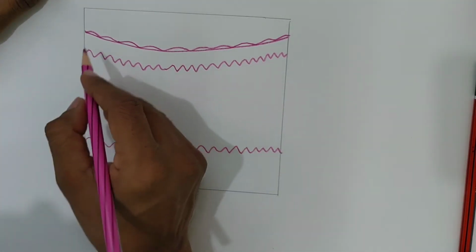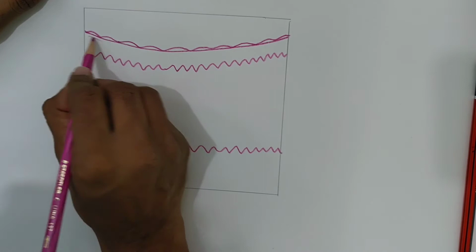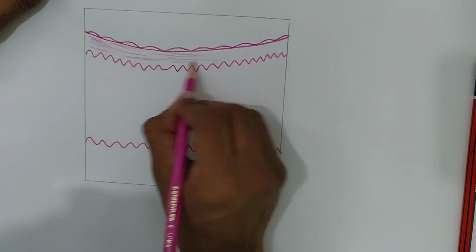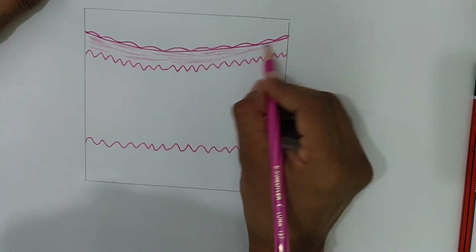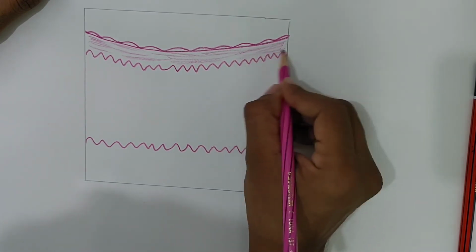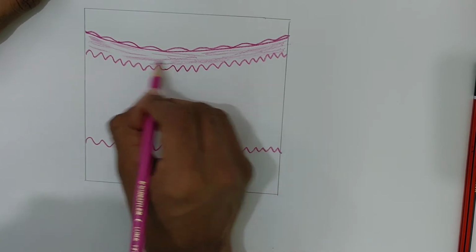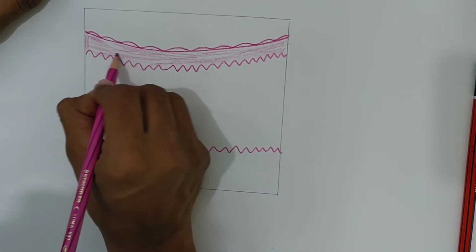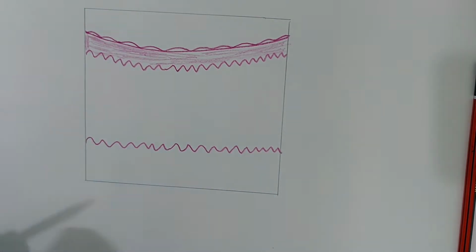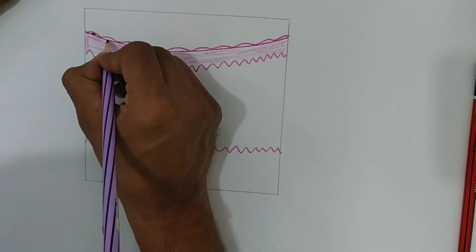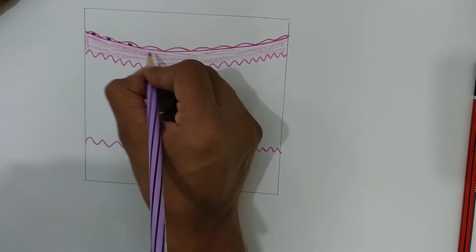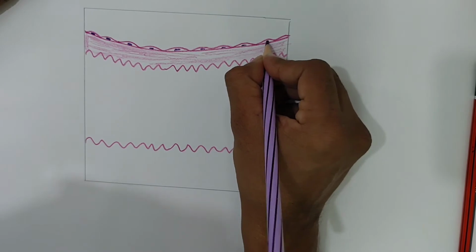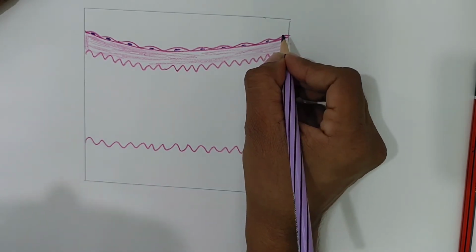Below the endothelium, there is the presence of this subendothelial connective tissue. Simple squamous epithelium is the endothelium.